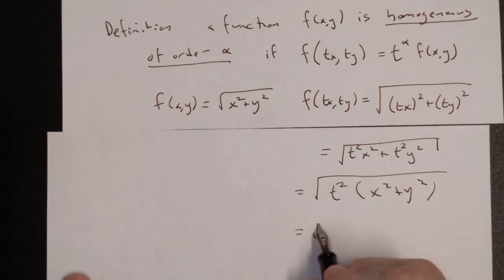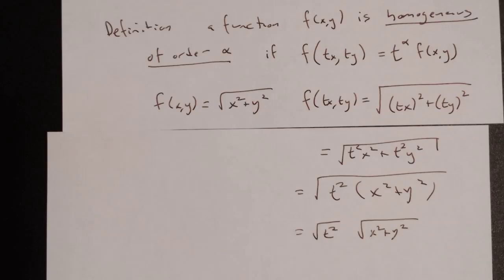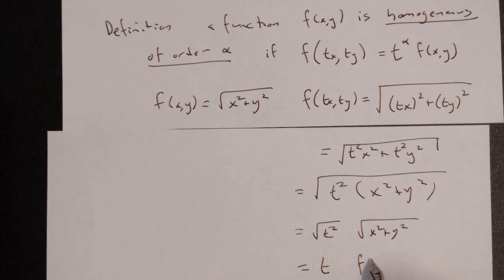Now I can write it as the square root of t squared, times the square root of x squared plus y squared. But what's the square root of t squared? Well, isn't that nice? It's t to the first power times the original equation, square root of x squared plus y squared. This is t times f of xy. This is homogeneous of order 1.